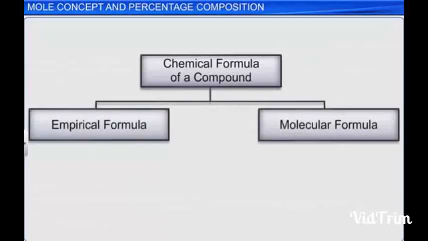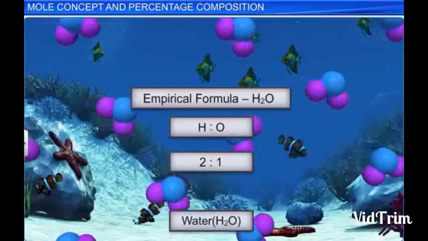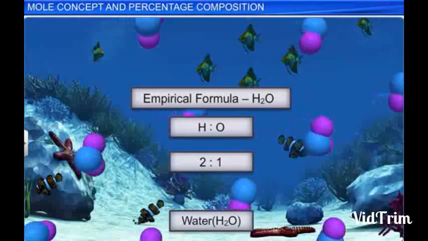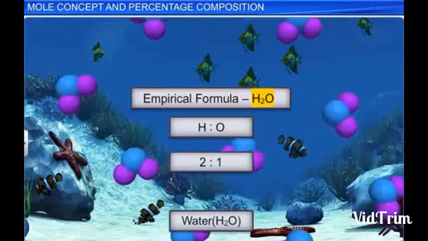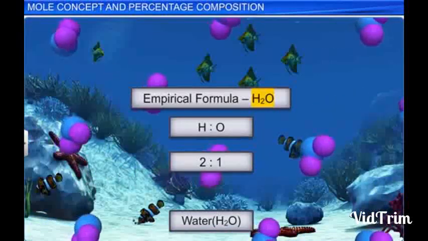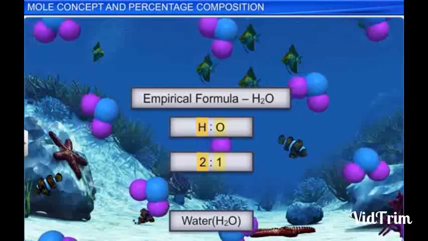The empirical formula is defined as the formula which gives the simplest whole number ratio of the different atoms present in one molecule of the compound. For example, the empirical formula of water is H2O. This indicates that in water, 2 hydrogen atoms are present for each oxygen atom.